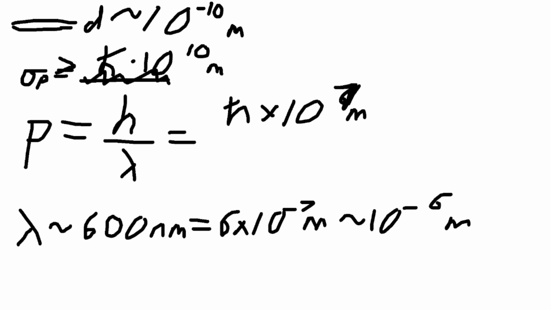Don't worry too much about the specific values. We're just illustrating things here. So for a ray of blue light, its momentum going straight out of the aperture is about 10 to the 7 meters, but the uncertainty in its momentum is 10 to the 10 meters. So this means our uncertainty in its momentum is 1,000 times as large as the overall momentum it has.